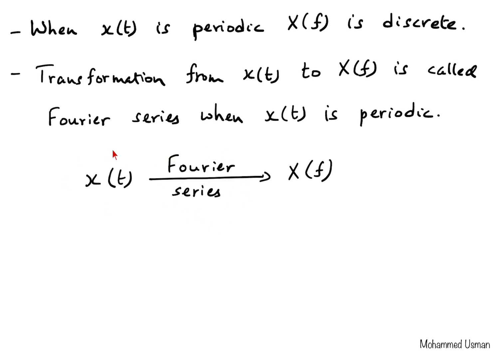So we perform the Fourier series on the periodic signal x of t, and we get its spectrum x of f, which is called the Fourier series of x of t. That gives us a rough overview of what exactly we are trying to find out when we are doing the frequency domain analysis, that is, the Fourier analysis, and what kind of information it is going to give us.